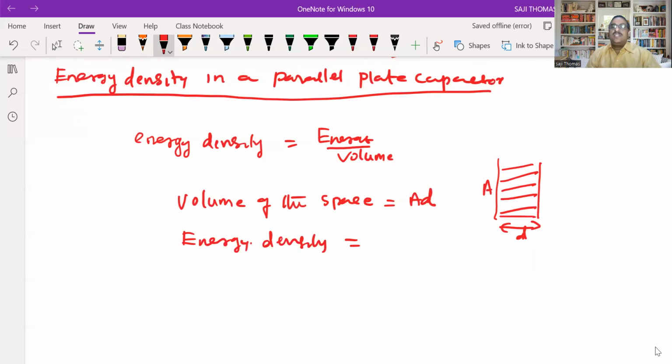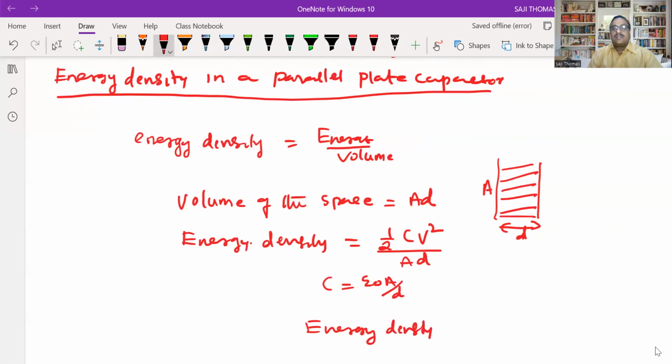Energy stored in the capacitor, we learned in the previous equation, half CV square divided by A into D. And you know, for a parallel plate capacitor, C is epsilon 0 A by D. So what is energy density? Half C is epsilon 0 A by D divided by AD into V square. You can cancel the area.